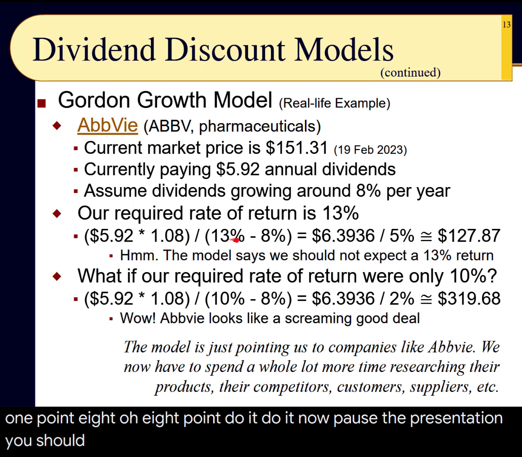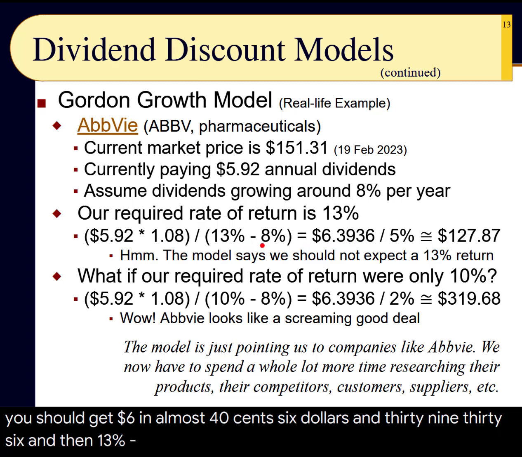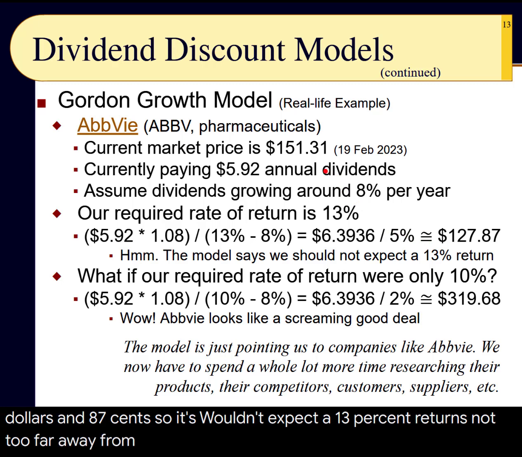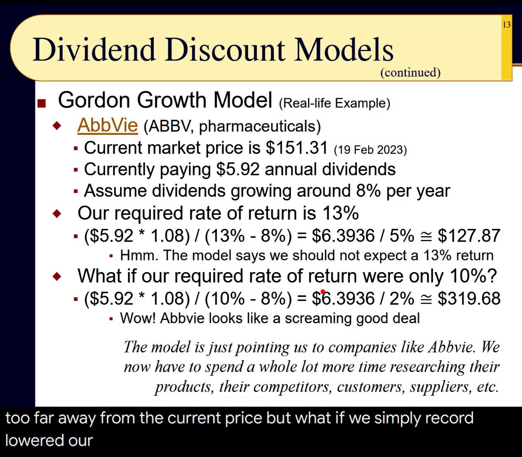You should get $6.39, almost $6.40. And then 13% minus 8% is 0.05, 5%. And it says $127.87. So the model says, we really shouldn't expect a 13% return. It's not too far away from the current price. But what if we simply lowered our required rate of return to 10%?